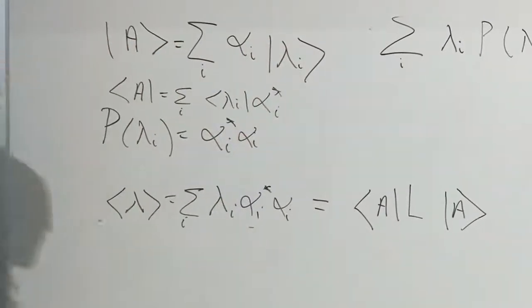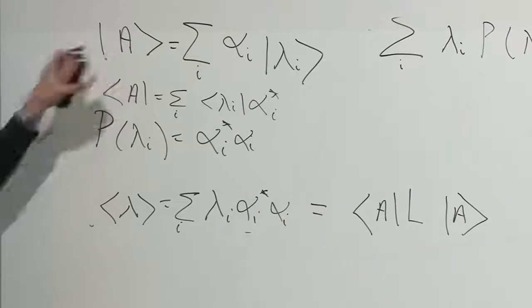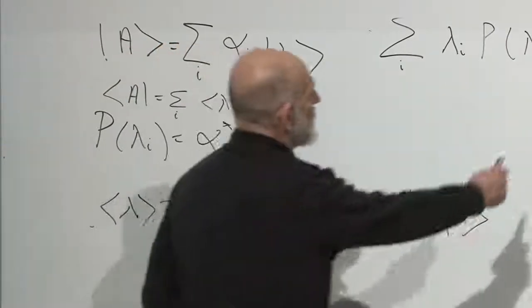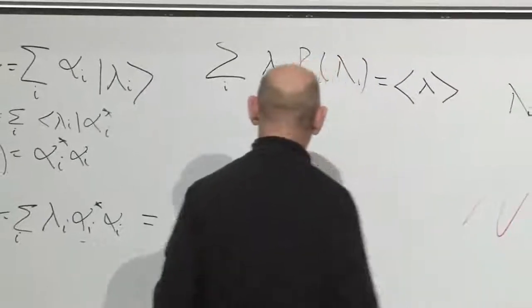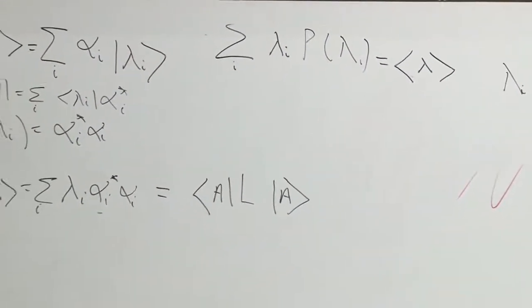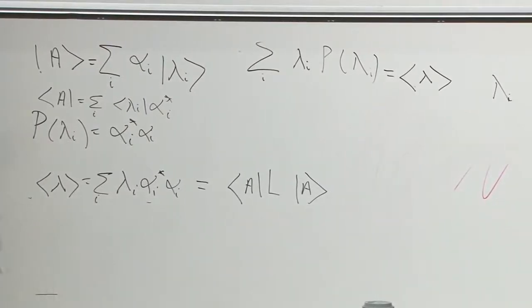That's the same bra and ket, the bra and ket associated with the state of the system. That's where this notation of bracket comes from. That's a good thing to know: if you want the average of a quantity, just sandwich it between the bracket representing the state.